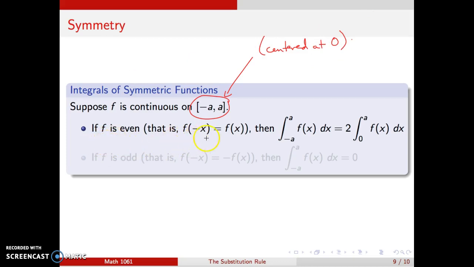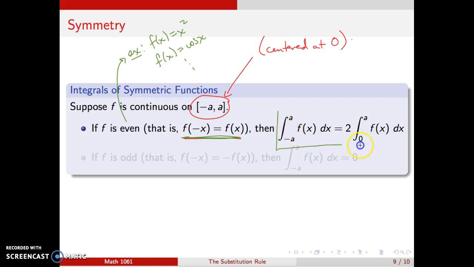If f is even, remember the way we check for that is f of negative x equals f of x. So examples, f of x equals x squared, f of x equals cosine x, things like that.